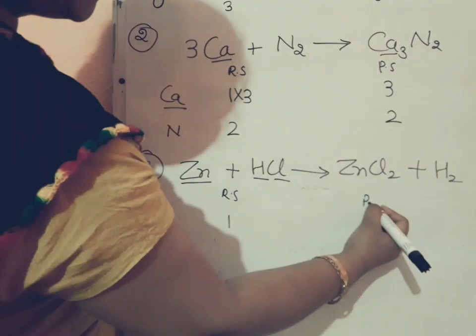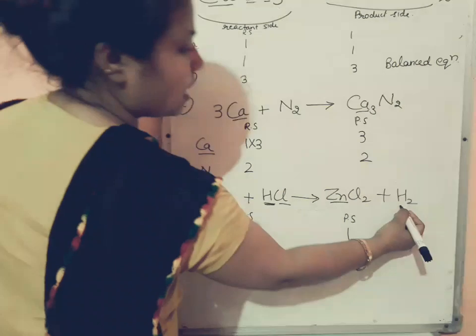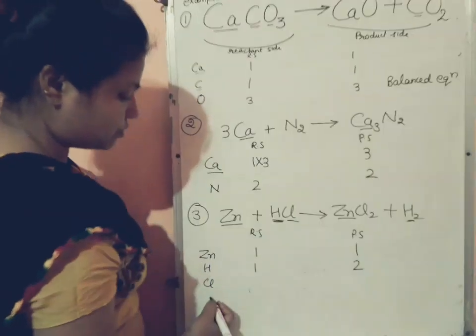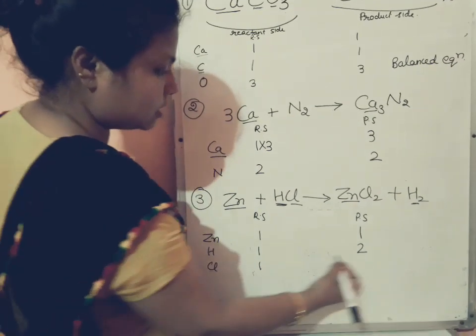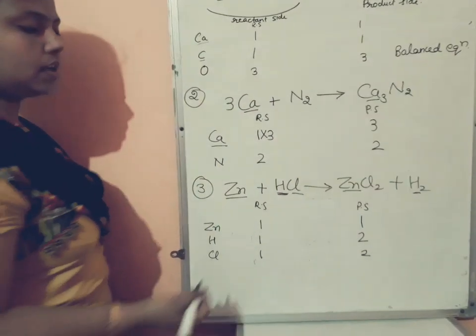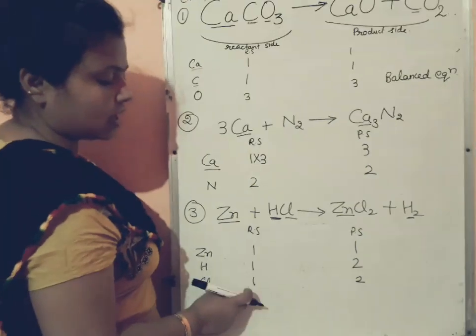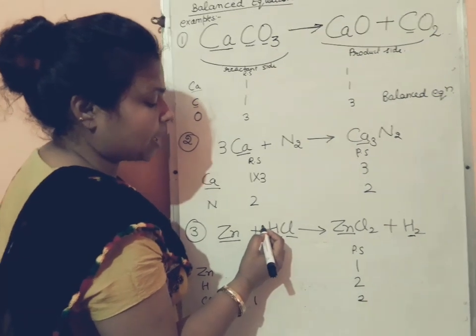And on the product side, how many zinc? Only 1. Hydrogen 1, hydrogen here 2. So on the reactant side 1, product side is 2. Chlorine atom 1 and chlorine atoms here 2. So 1, 2. Now how will we balance? Zinc is balanced but hydrogen and chlorine are not balanced.